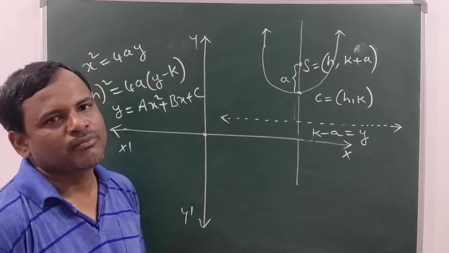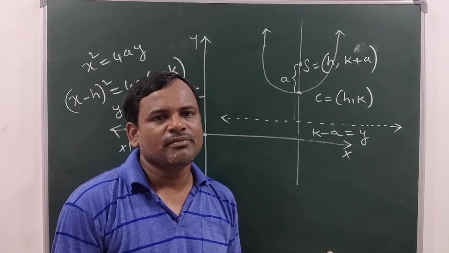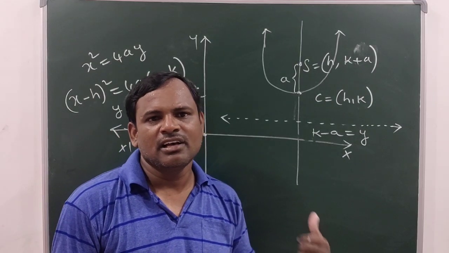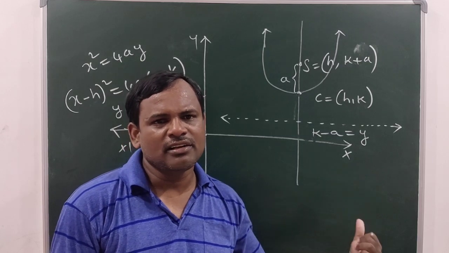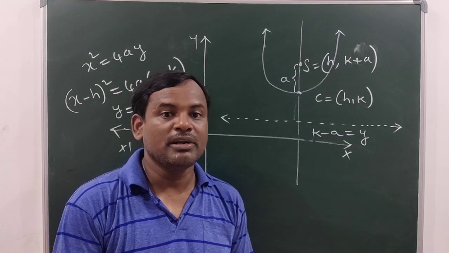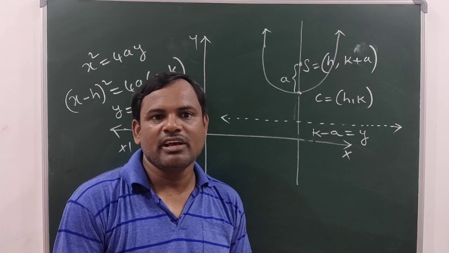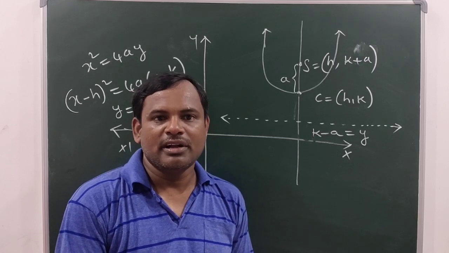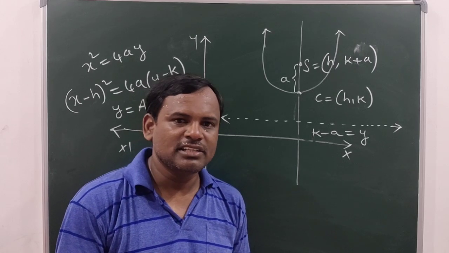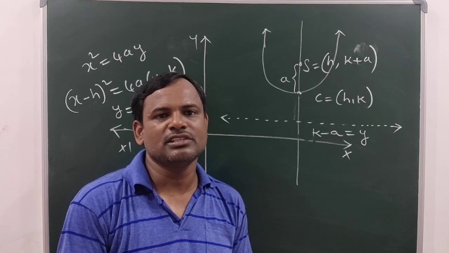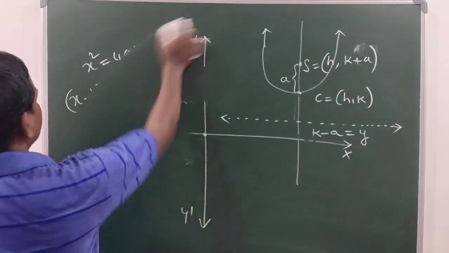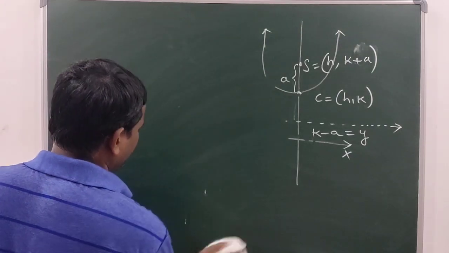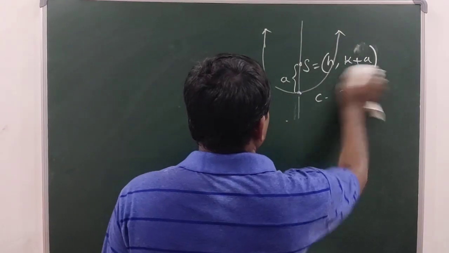In these four, the axes were either parallel to the x-axis or parallel to the y-axis. But every time the axis of the parabola need not be parallel to the x-axis or y-axis. Suppose the axis is given like this, and we have to determine the equation of such a parabola.